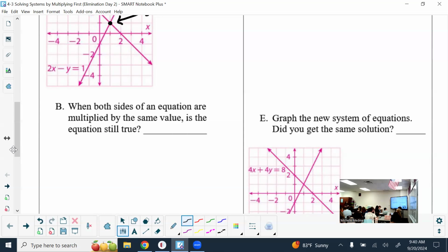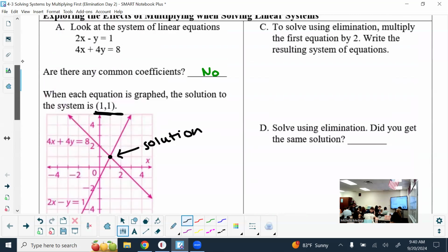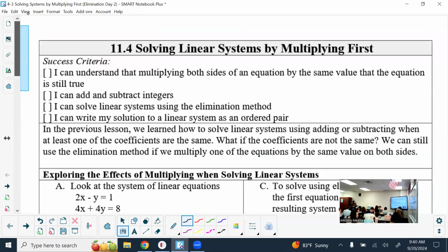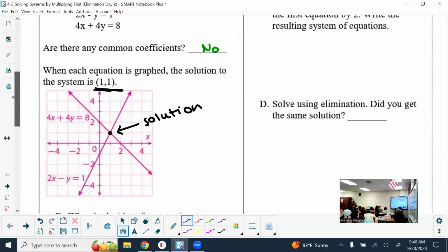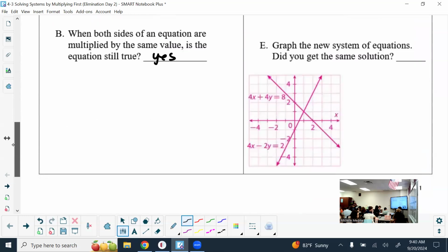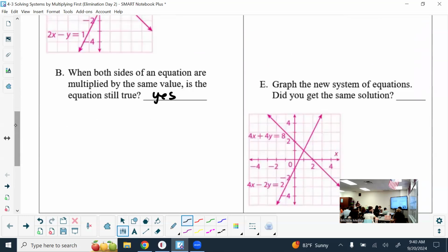Yes. And that is what we will be doing to create a common coefficient. But before we do that part of it, just kind of think about it now. I think it's easier for you to understand that it is still true when there's numbers.